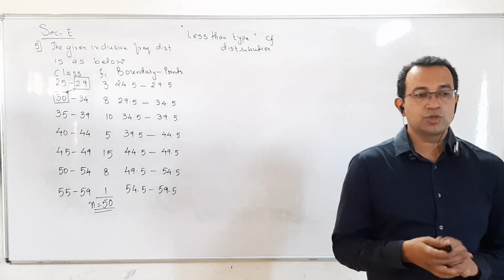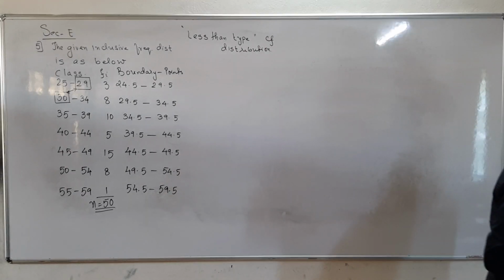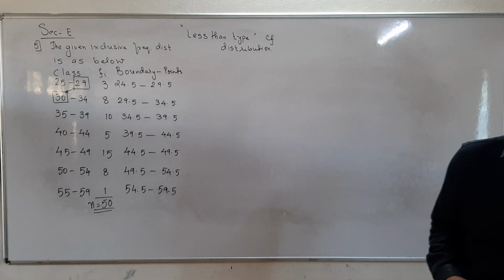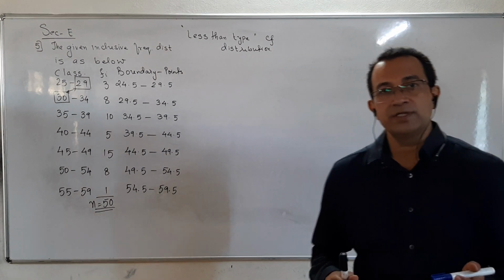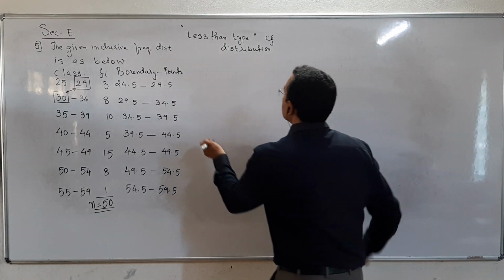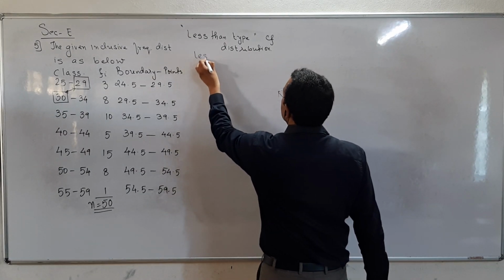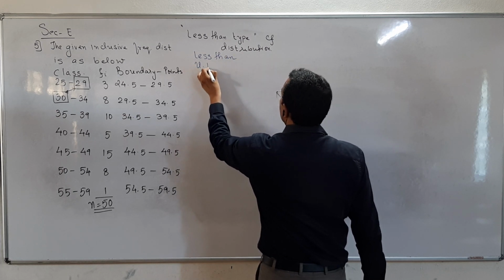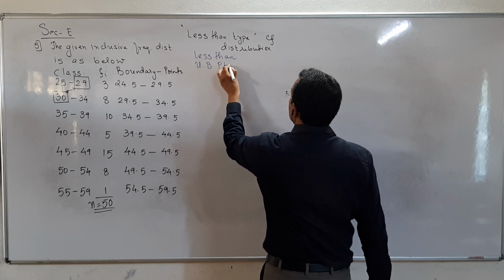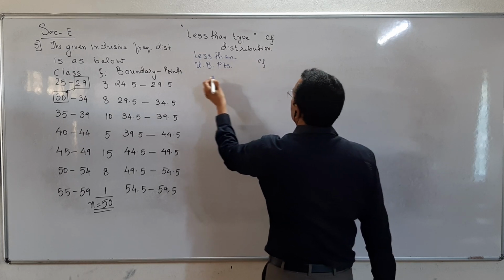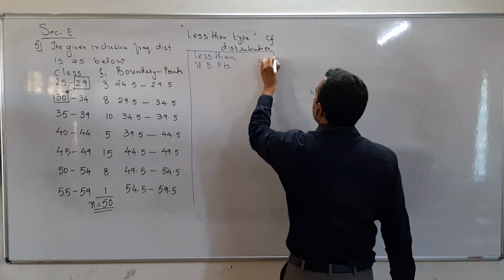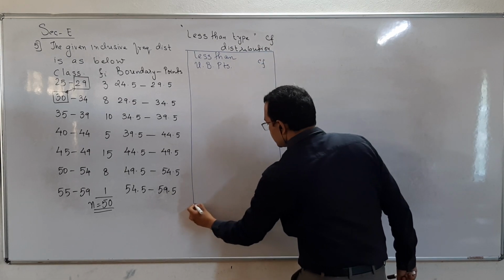So the two columns are: less than upper boundary points, and the corresponding cumulative frequencies.